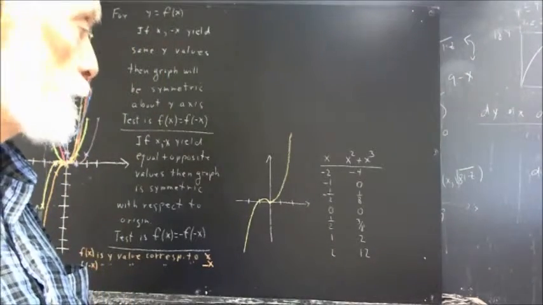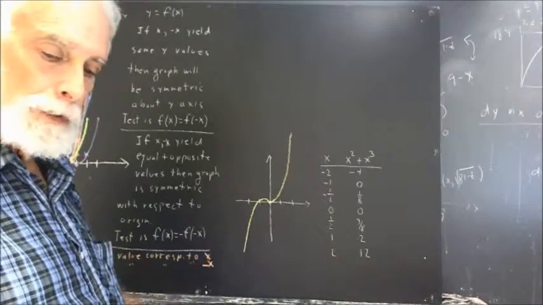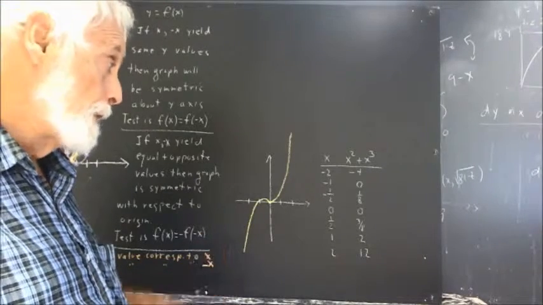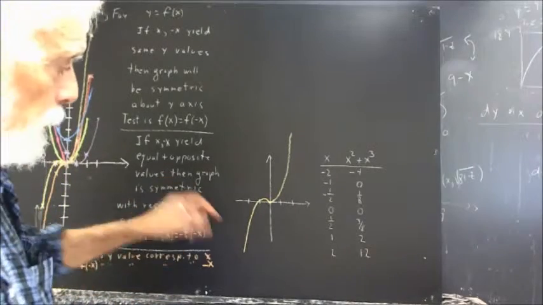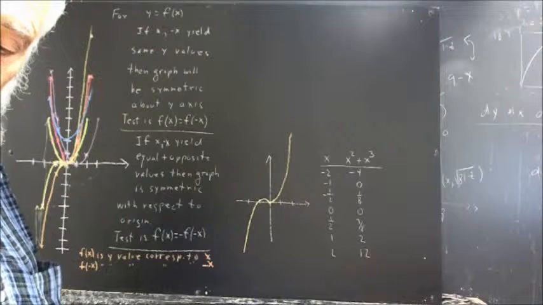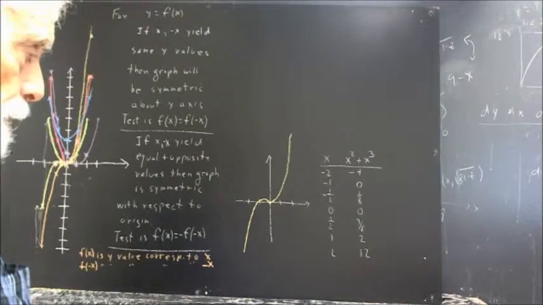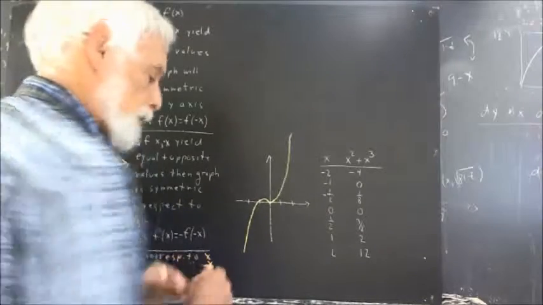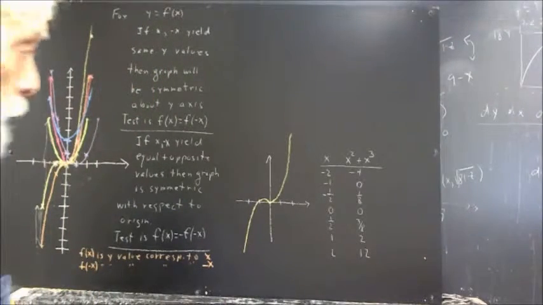Now the question is, on what intervals does this graph increase, and on what intervals does it decrease? What do we mean by intervals? We mean x intervals. Well, let's first look at the graph. Where is this graph increasing? Let me use a color that contrasts with green a little better.